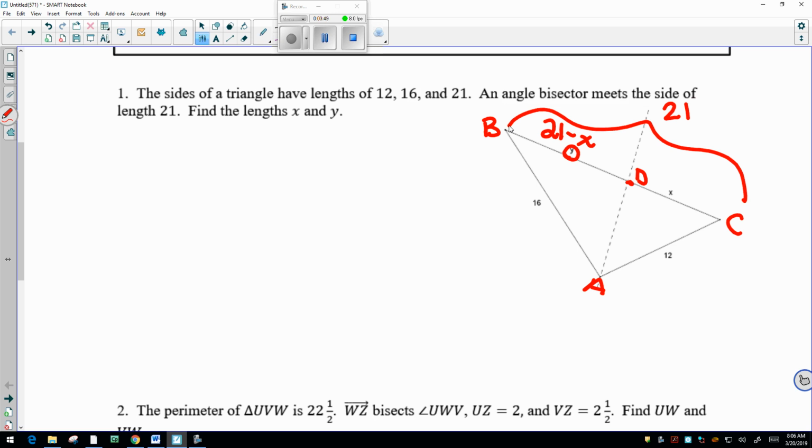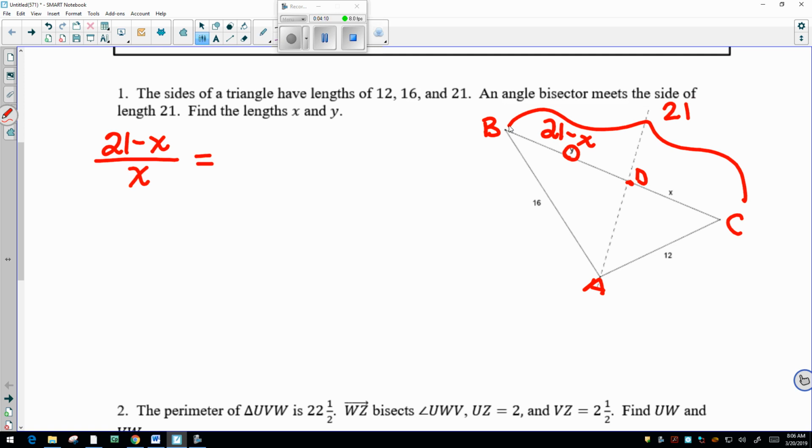Okay, so that gives us the chance now to set up our proportion. And up above, using the one that we had, it said we would compare BD to CD. So BD is 21 minus X over CD, which is X.